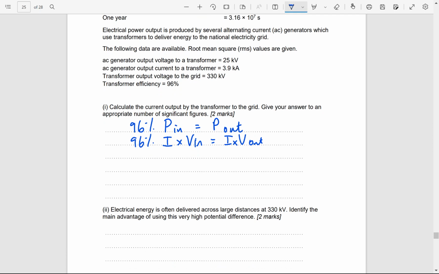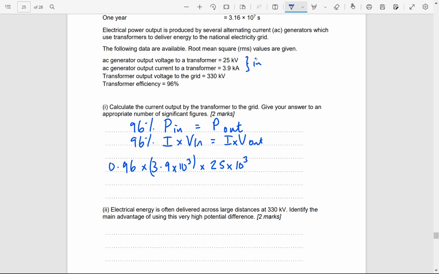So if I want to know what the current output is, I'm going to go 0.96, 96%, times by my output current to the transformer, which is actually my in, times by my voltage into the transformer.